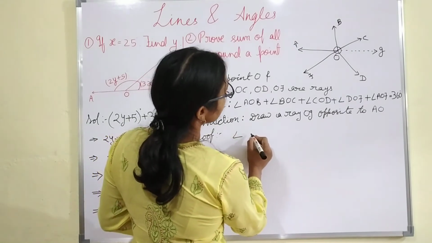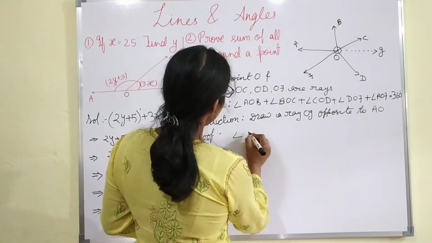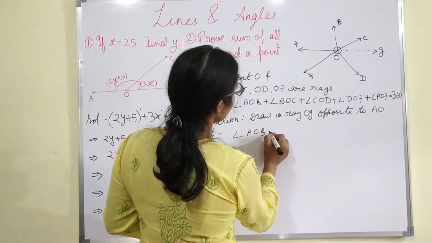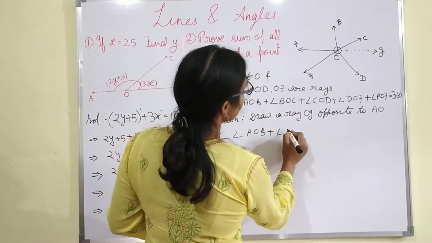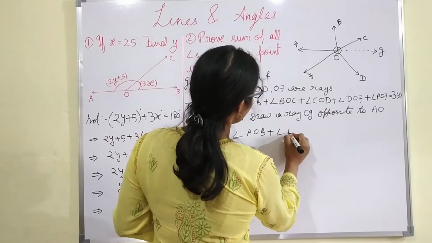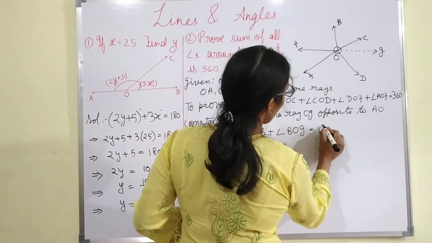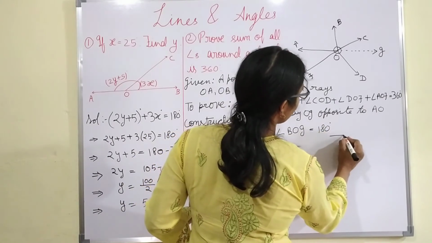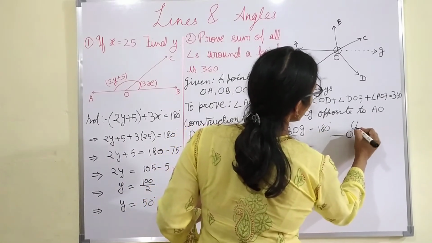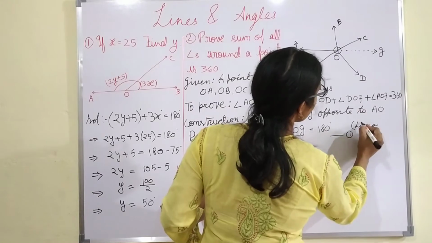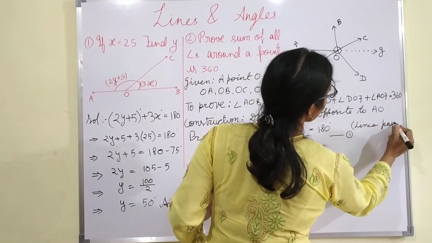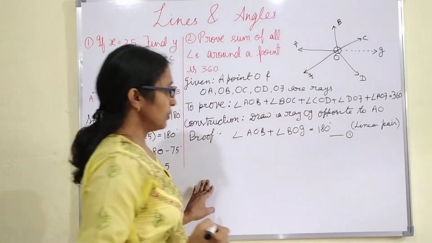Angle AOB plus angle BOG equals 180 degrees. Equation 1. Why is it so? Linear pair. Okay.